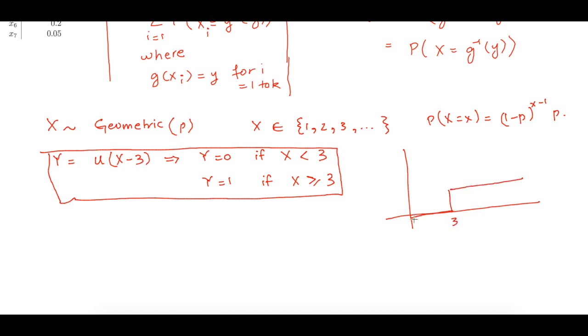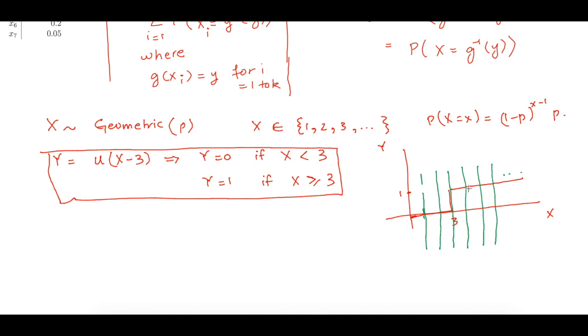So this is my 3 here. So this is my x, this is my y, and this is a 1. Okay, so now x is defined at this point. This is 1, this is 2, this is 3, this is 4, this is 5, this is 6, and so on.